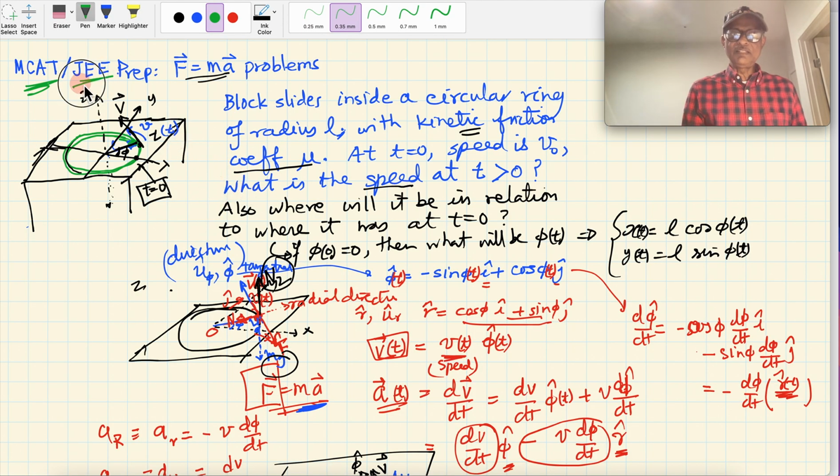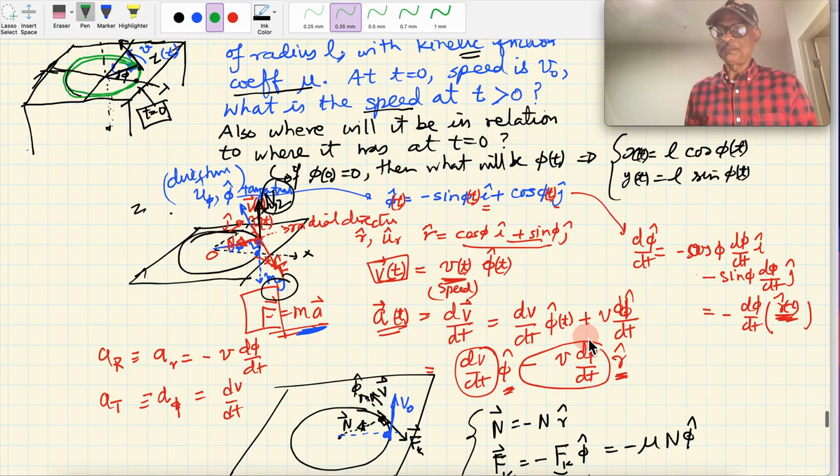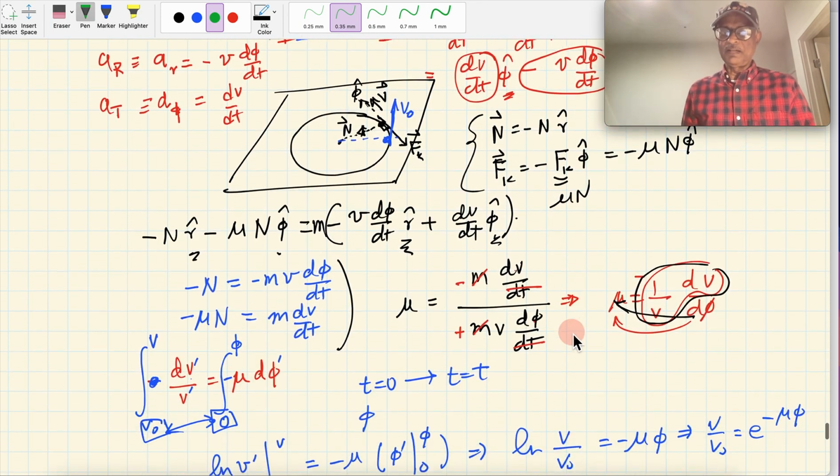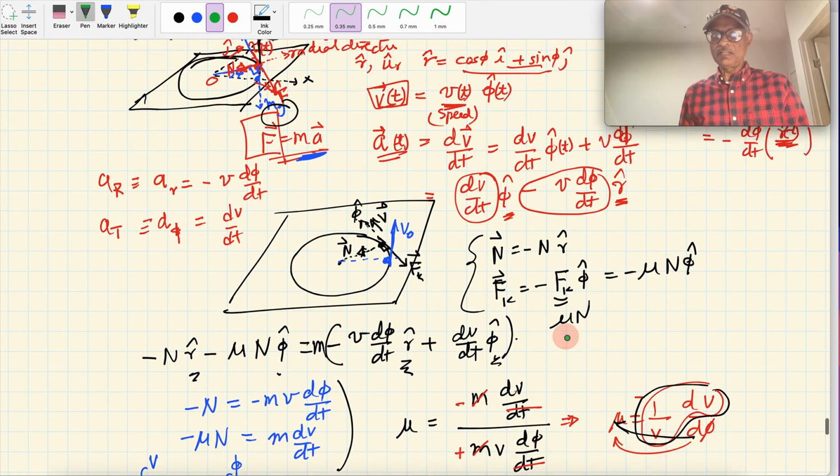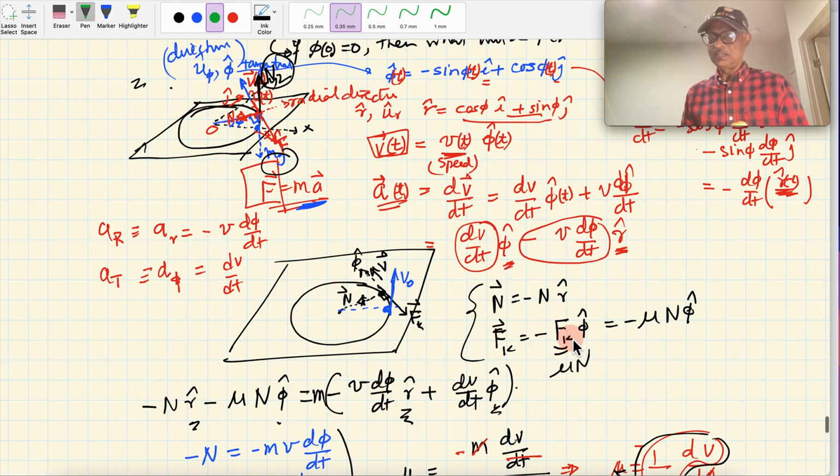But for JEE, this is probably expected, that you should be able to do this much manipulation. For MCAT people, the lesson here is you can separate into tangential and radial parts, and sometimes that technique is very useful in simplifying the problem.